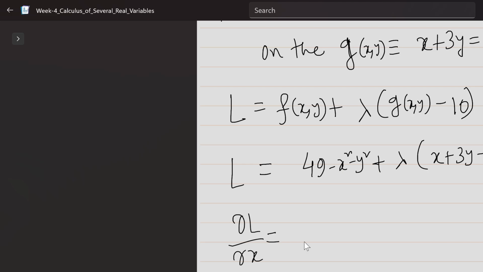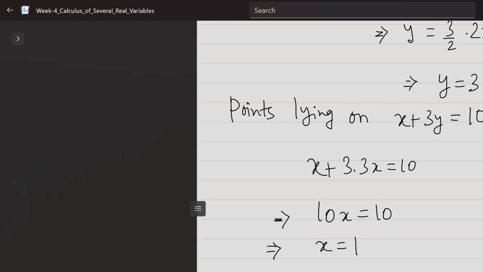So that means 10x equal to 10, so x equal to 1 and y is equal to 3. So (1, 3) is the critical point for L.